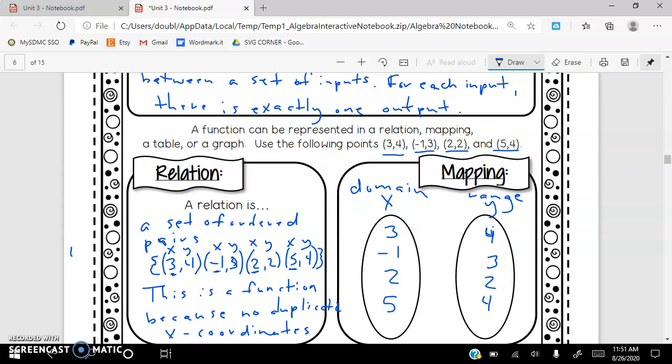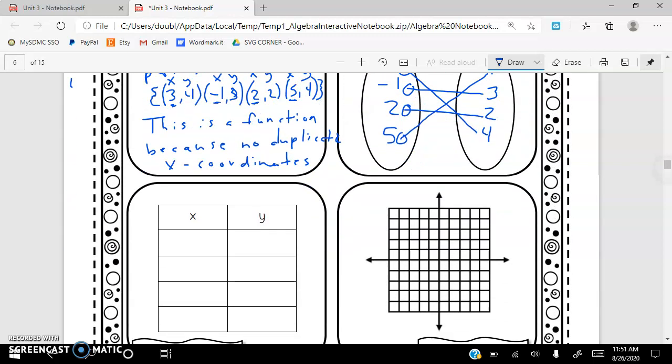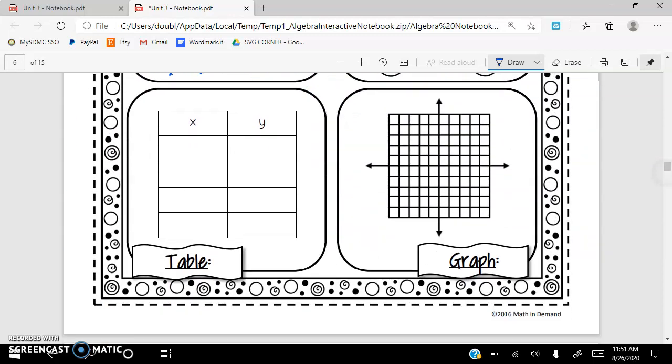So let's mark these. So we have 3, 4, -1, 3, 2, 2, and 5, 4. So you see how no arrow is pointing to the same number. It's just one arrow pointing to each of the numbers over here. So none of them are getting touched by 2 y values. So that makes it a function. All right, so let's go to our table.